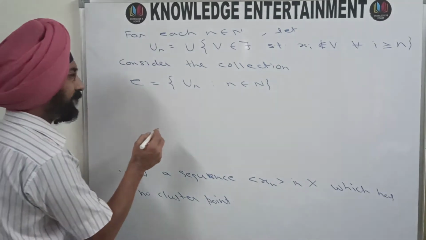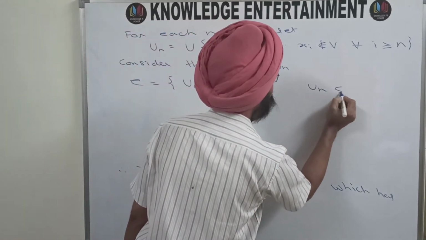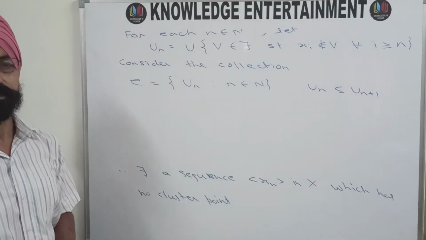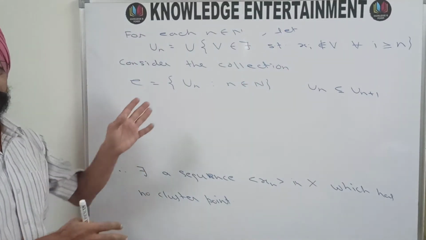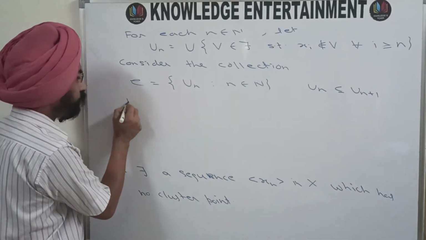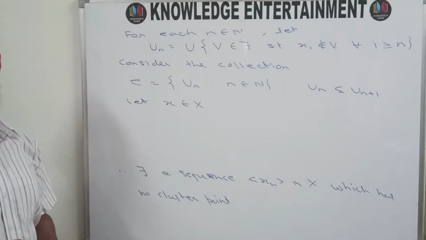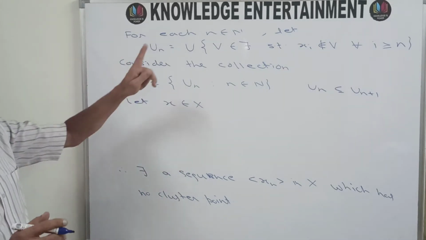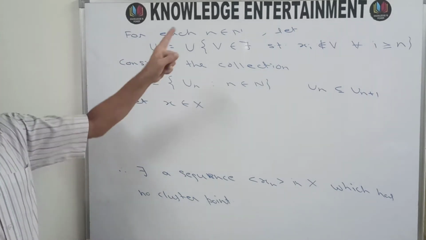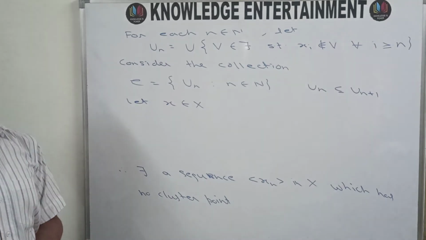One thing to be noted is that Un is always a subset of Un+1. This is a key point. So let small x be any point of this space X. Since we have supposed that the sequence xn has no cluster point, x is an arbitrary point, so it is also not a cluster point of this sequence.